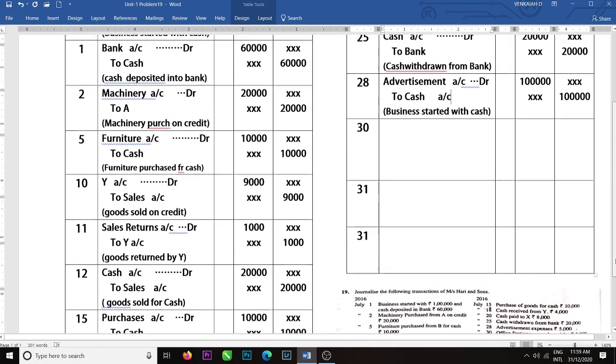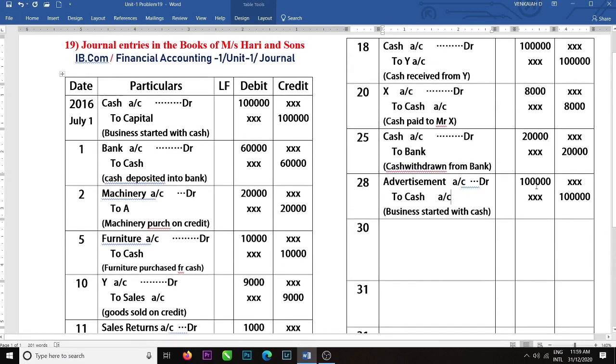Amount is 5,000. Narration: advertisement expenses paid in cash.